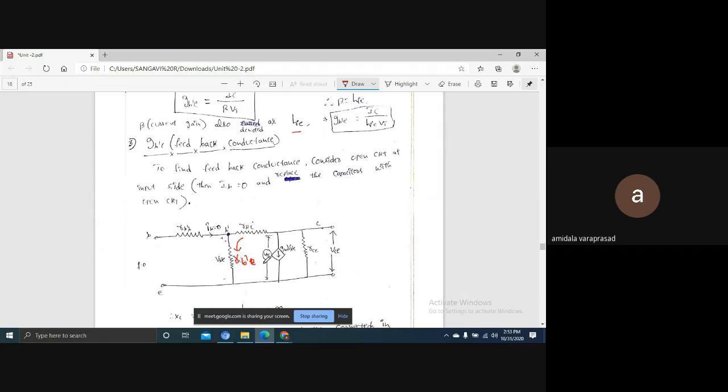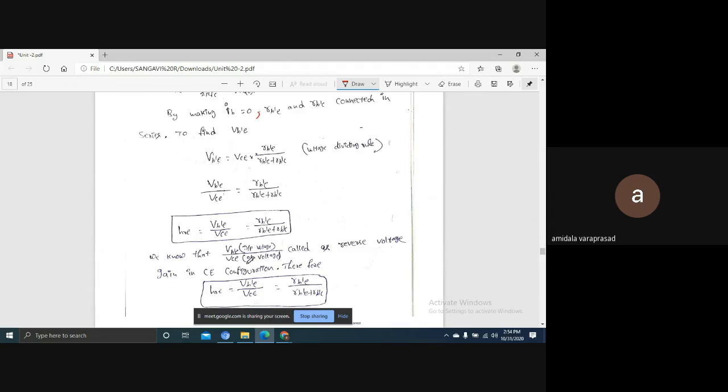This is like a voltage division rule: VB'E is the voltage drop across RB'E. Then VB'E is equal to VCE, the total voltage, times the respective resistance, that is RB'E by RB'E plus RB'E.